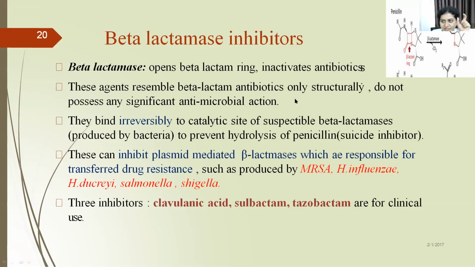So what do these inhibitors do? They bind irreversibly to the catalytic site of the beta-lactamase enzyme, which is produced by the bacteria, and they prevent the hydrolysis of penicillin. So they are called as suicide inhibitors.